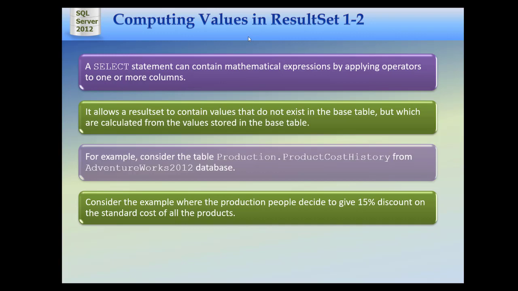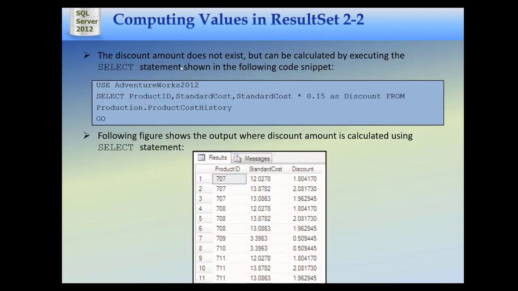An example, consider the production schema product cost history table from the AdventureWorks database. Consider the statement where the production people decide to give a 15% discount on the standard cost of all the products. Now, the discount amount does not exist, but can be calculated by executing the select statement as given here.